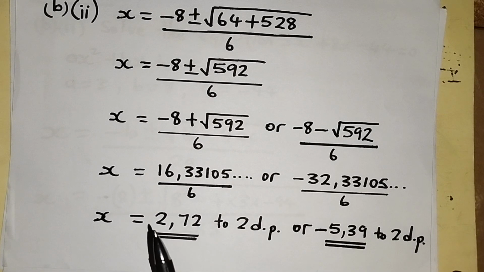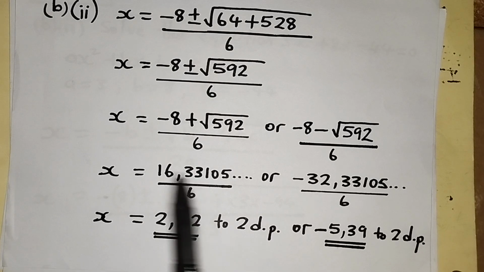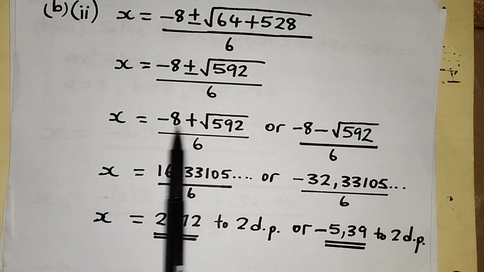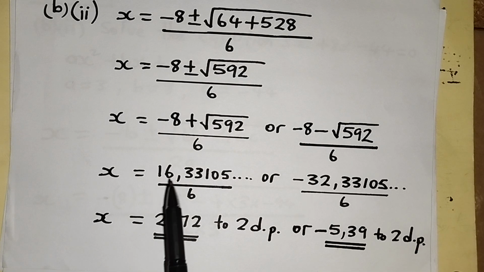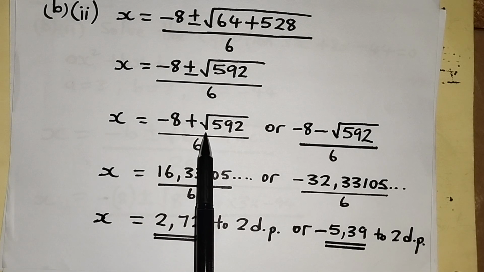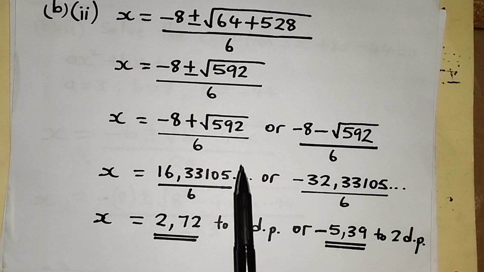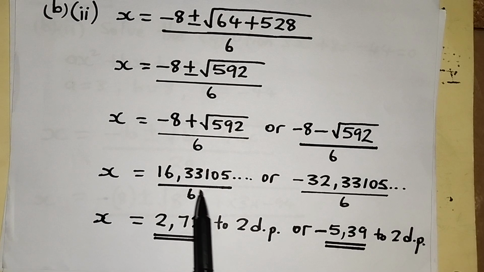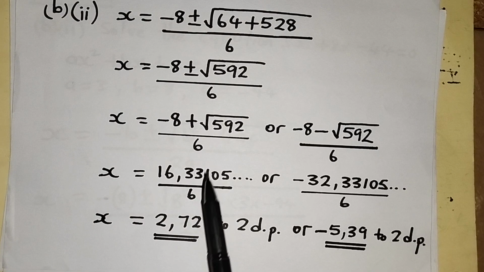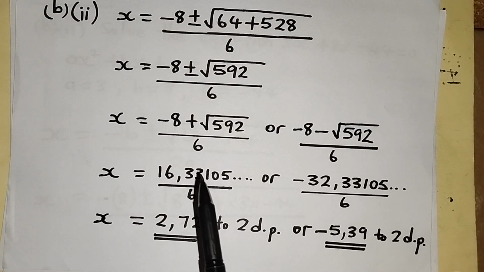So to avoid errors, you must first find the result of the numerator before you divide by 6. So you enter on your calculator minus 8 plus square root of 592, press the equal sign button and get the result first as 16,33105, and then finally divide by 6.